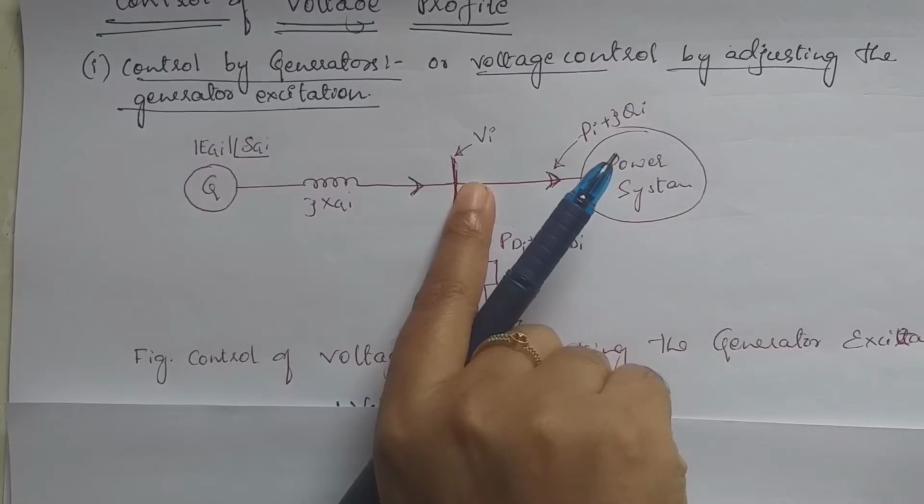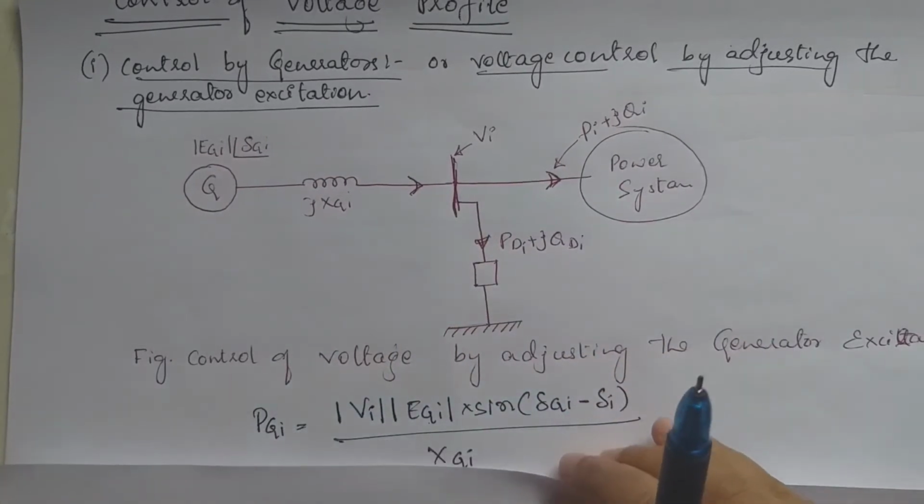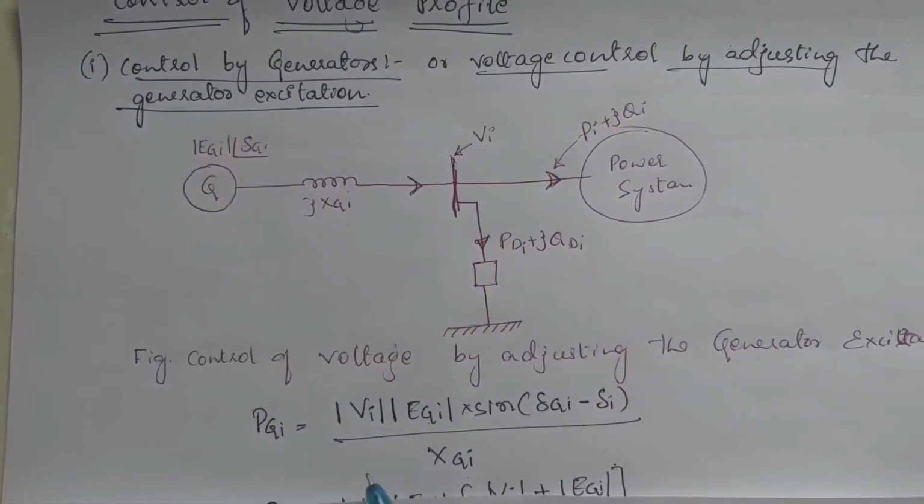So this can be modeled using these two equations. One is PGI is equal to Vi EGI sin(delta GI minus delta I) divided by XGI, and QGI is equal to Vi into (minus Vi plus EGI) divided by XGI. We will see how we get these two equations first.